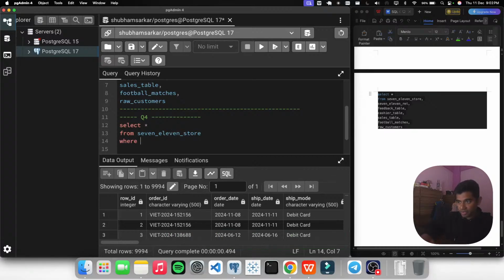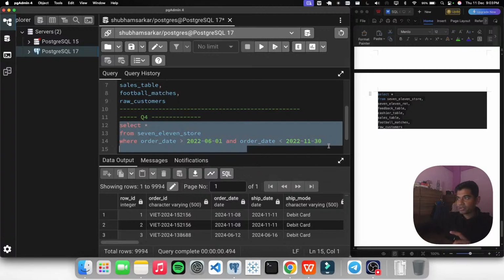So we can write where order date greater than, I can write 2022 0601 and order date less than 2022 11 30.